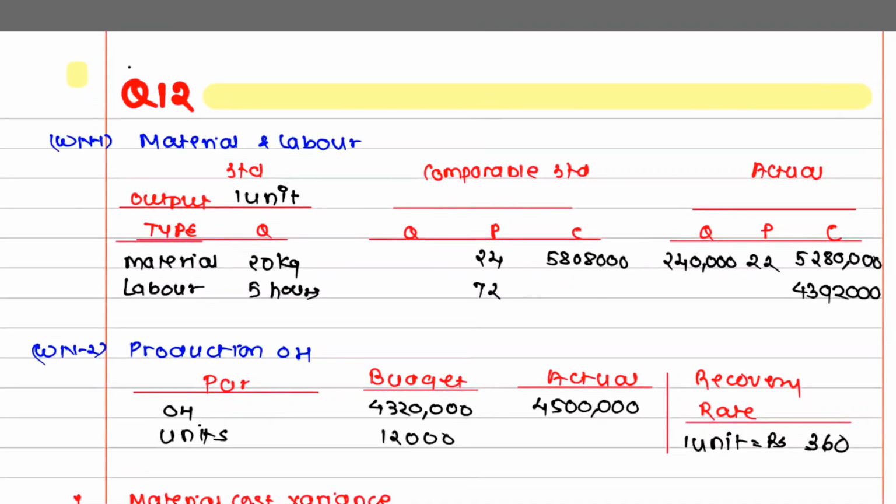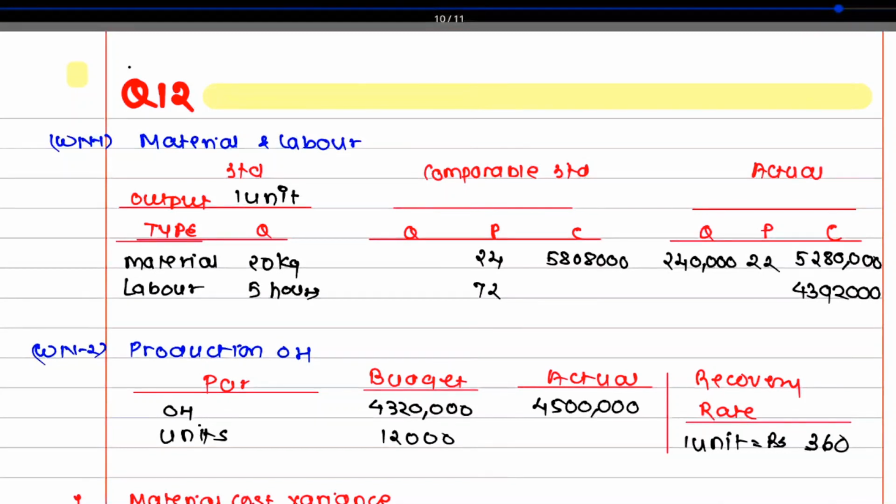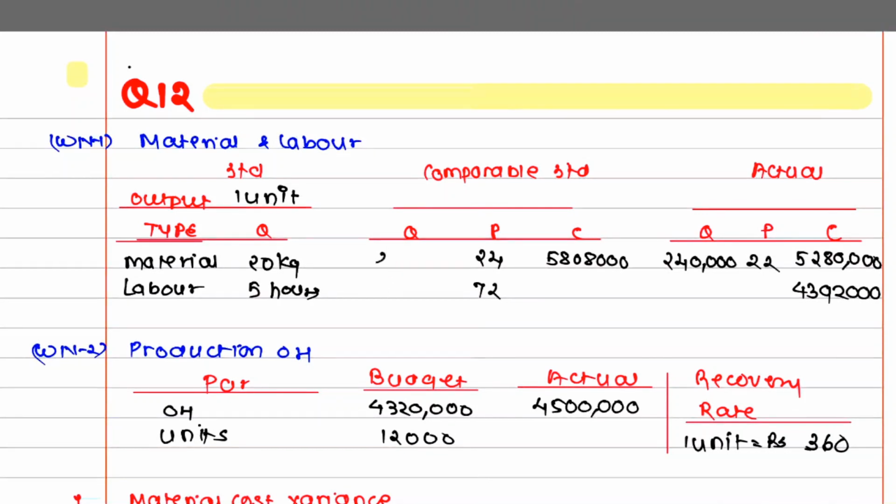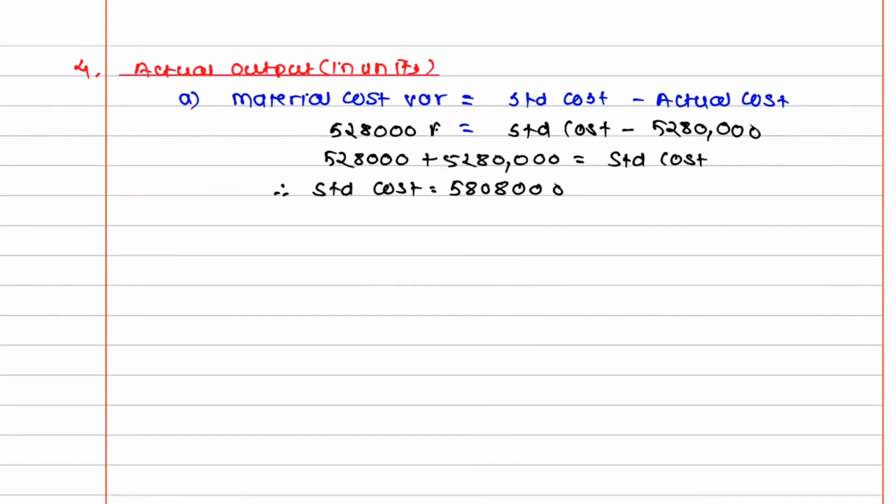Can you get the quantity required for actual output? This divided by 24. कितना? 2 lakh. इसको क्या बोलते हैं मालूम है? Quantity to be consumed for actual output. समझ में आता है? इतना consume होना चाहिए था, to be consumed for actual output.